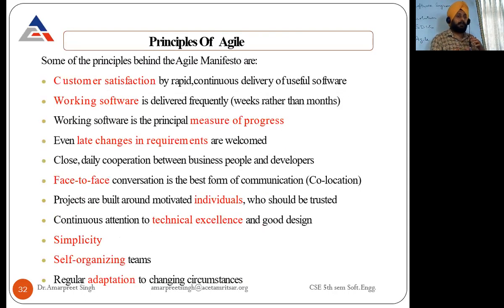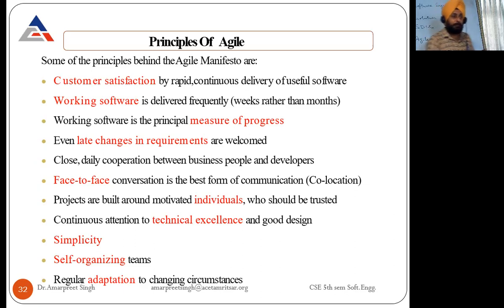Continuous surveys are done, inspections are done, reviews are done, so that feedback is taken, so that you can come to know if your product is lacking somewhere. And if it is lacking somewhere or some need is required, you immediately incorporate those needs into your software. That type of development or the model is known as agile software development.